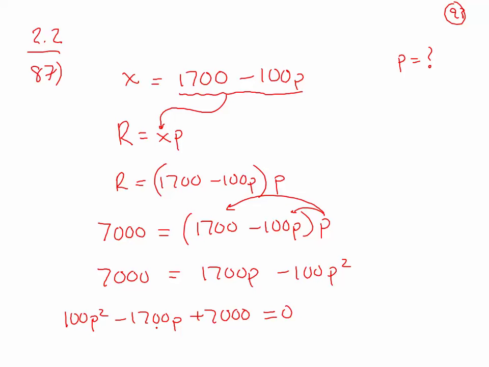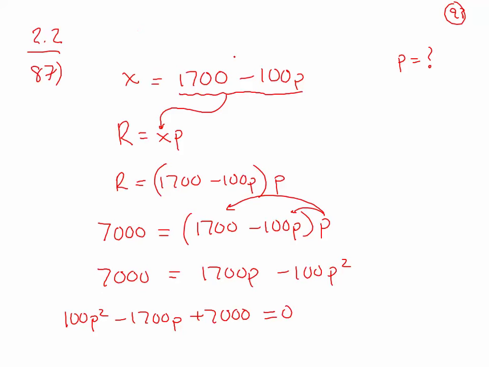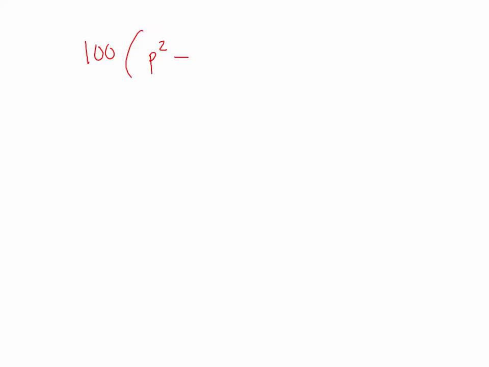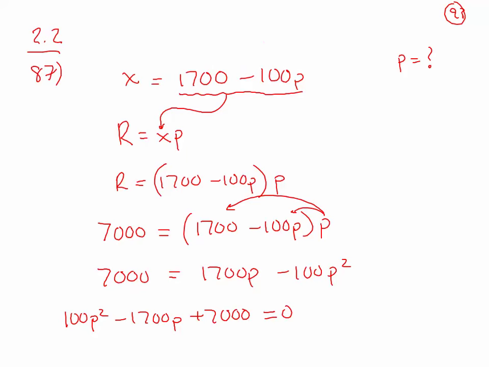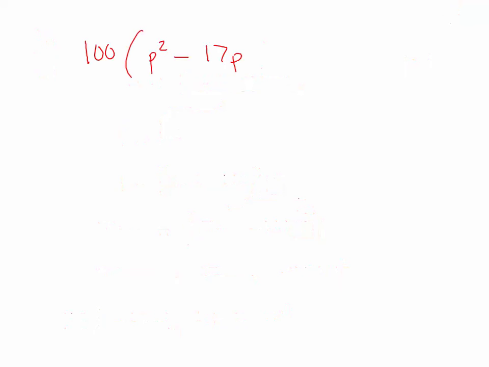A 100, right? So 100 goes on the outside, p squared minus, you guys tell me, what do we got here? 17, because that's 1700. So 17p and 70, still set equal to 0.